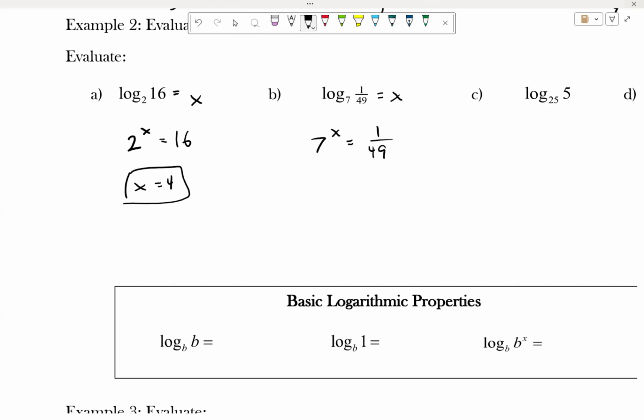Is this true? Because I know that 49 is 7 squared. So does it make sense that this is the same thing as 7 to the -2nd power? Yep. So x equals -2. That's what we're looking for.